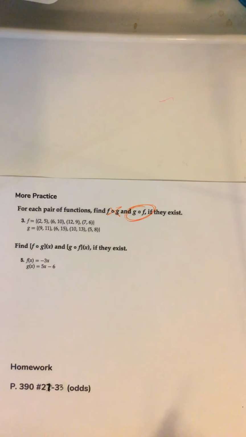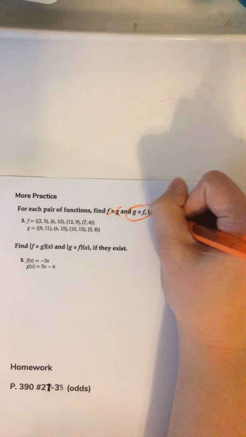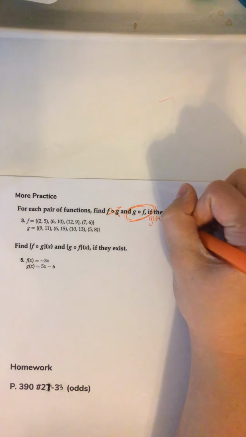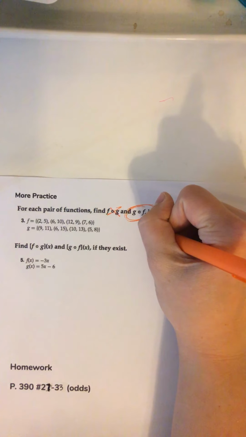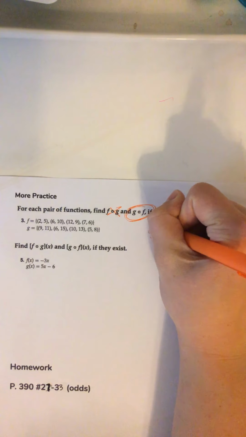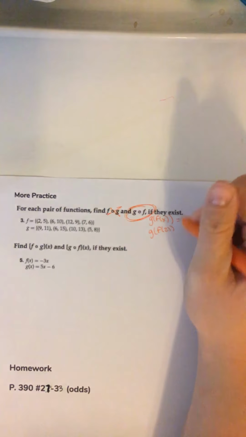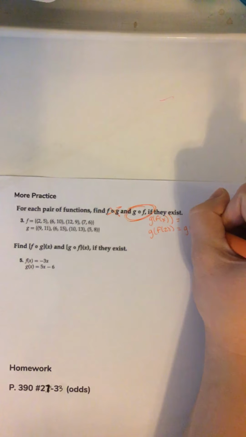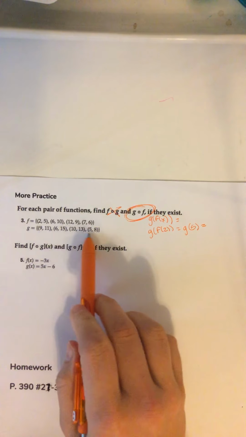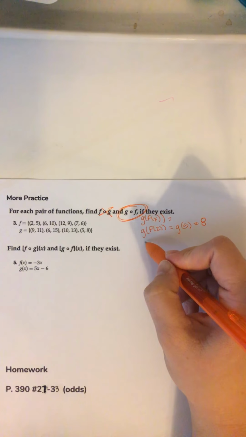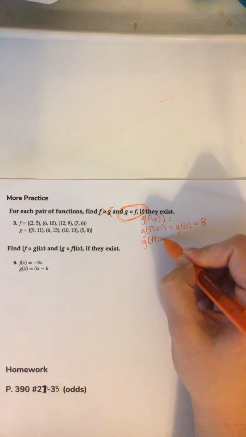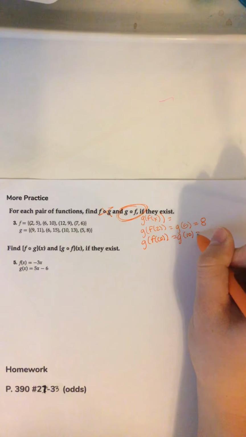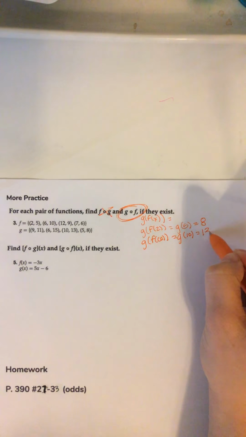Okay, so for number 3, if I'm finding g of f of x, the first thing I'm going to do is find g of f of 2, since 2 is right there. f of 2 is 5, so g of 5 equals 8. Then I have g of f of 6. f of 6 is 10, g of 10 is going to be 13.